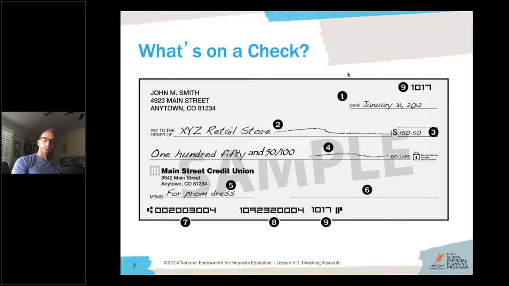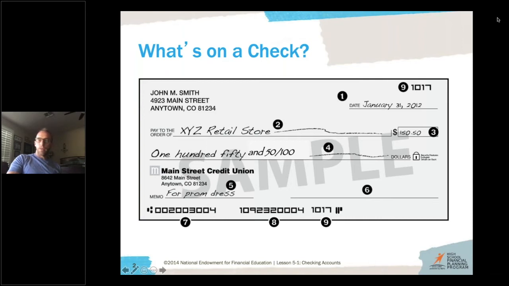Anyway, pay to the order of, that is where you fill out the person that you're writing the check to, and you can always ask that person, who do I make the check payable to? And they'll tell you. So that goes on line number 2, pay to the order of. To the right of that is a box where you write in the numeric amount of the check. In this example, it's $150.50.